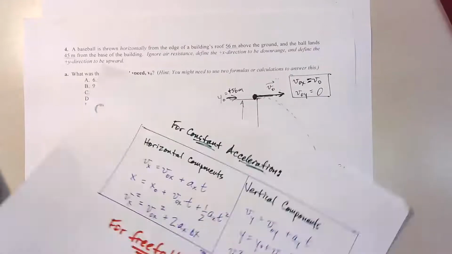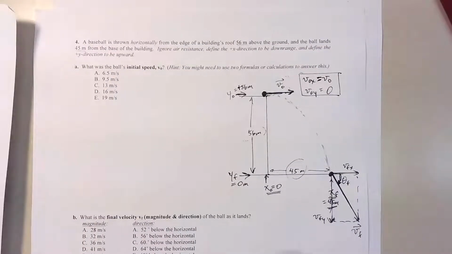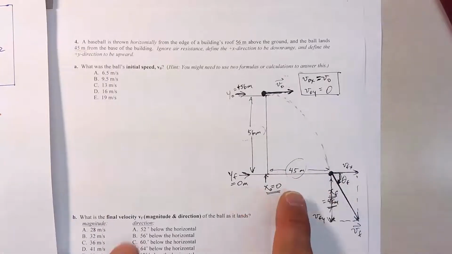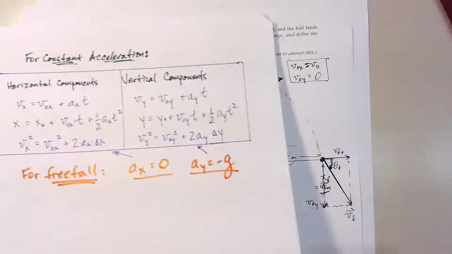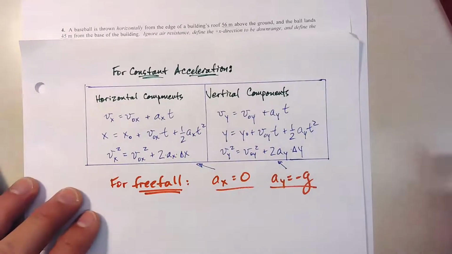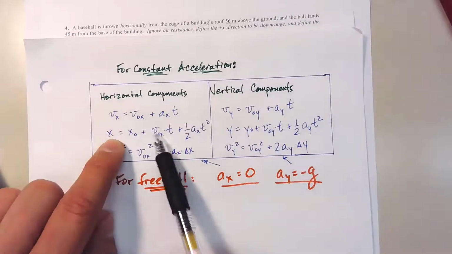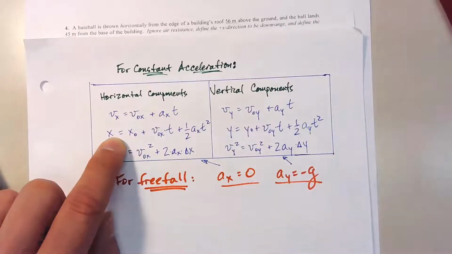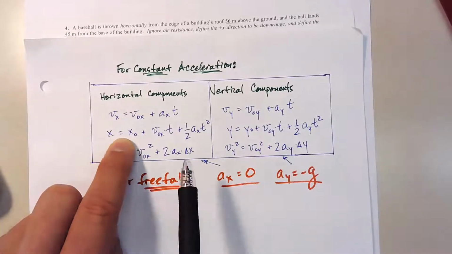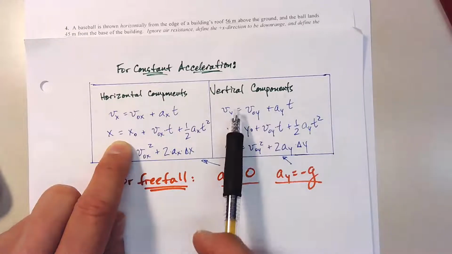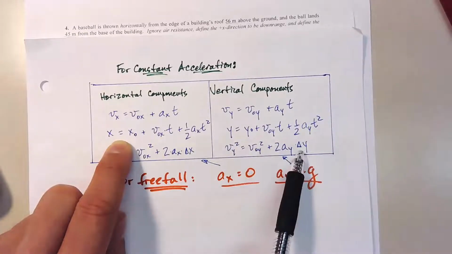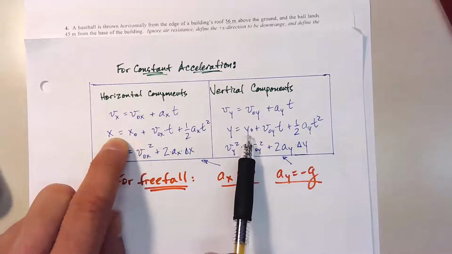Next, how am I going to get ultimately to a value for v naught, knowing the range and knowing the height? If I look at my sets of equations, equation number 2 for horizontal components is where the range lives. There's nothing that directly relates height, which is y displacement, to range, which is x displacement.